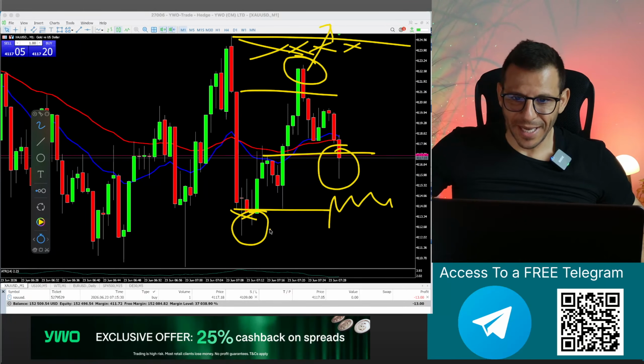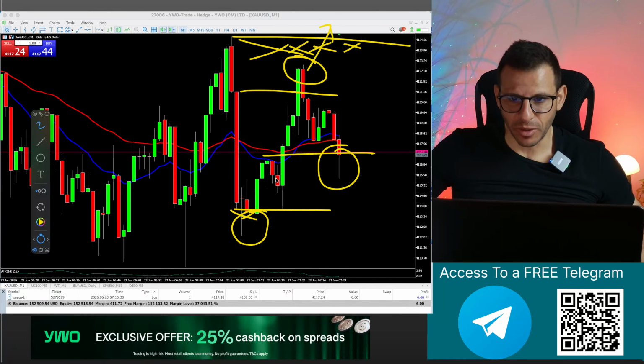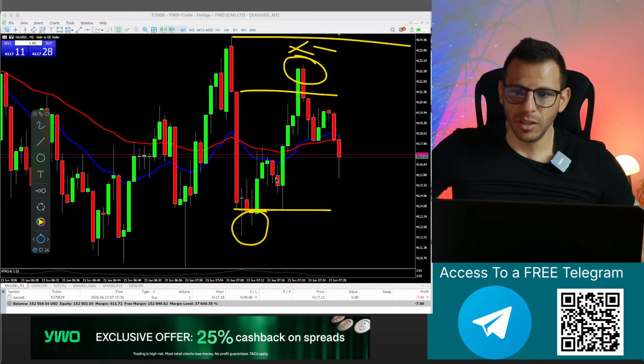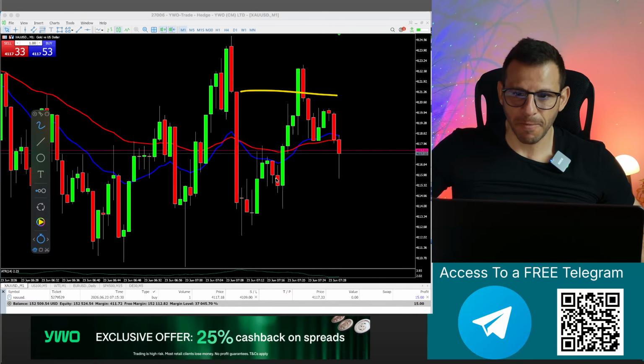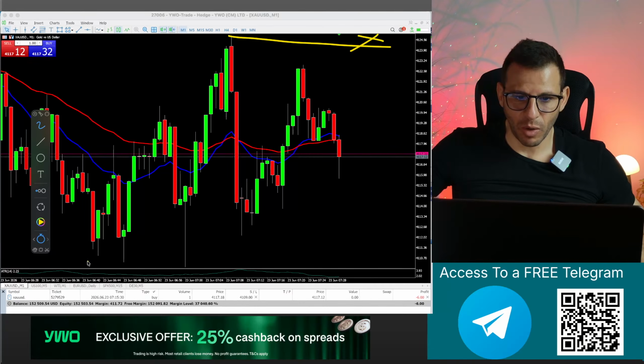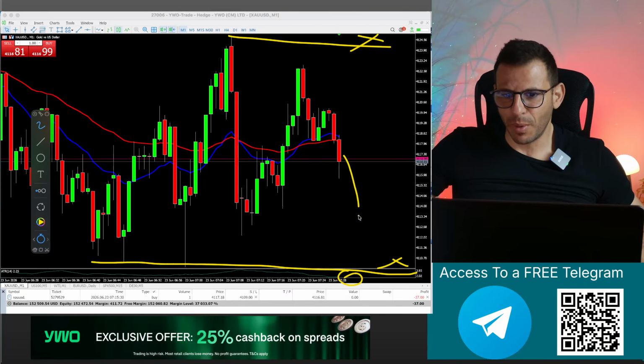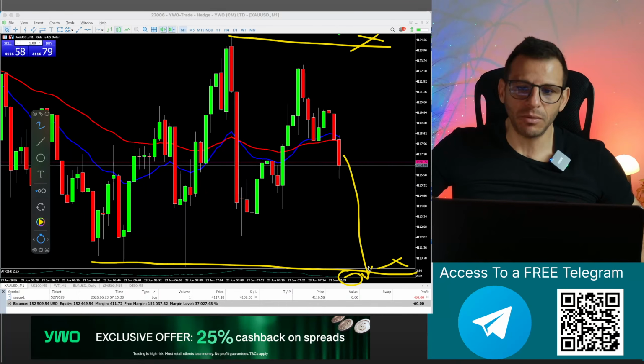What we're going to get is a clear direction after a break of any of these levels, either a break of this one at the top or a break of this support at the bottom. And that's where I have my stop loss, because if the price breaks below here, I don't want to be in the trade.